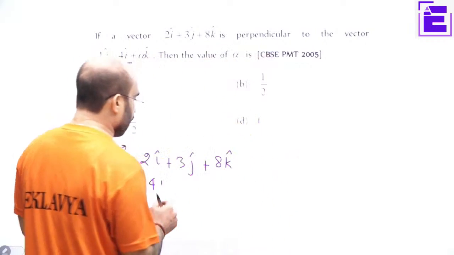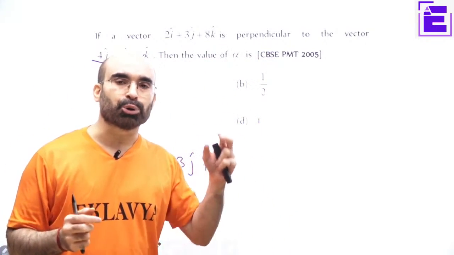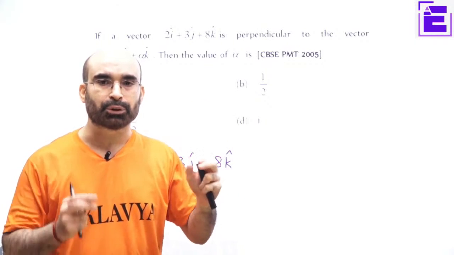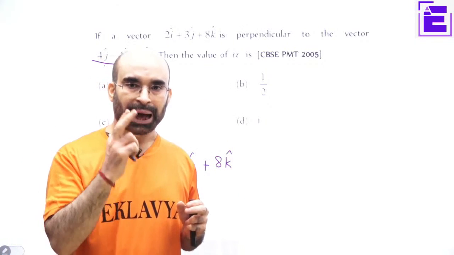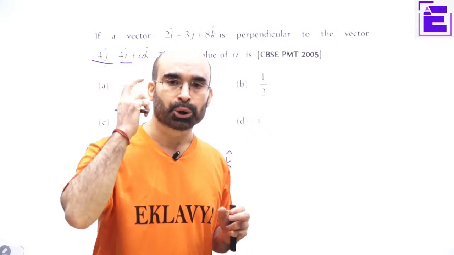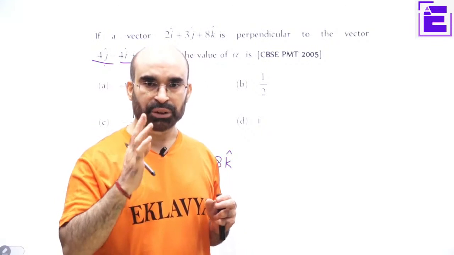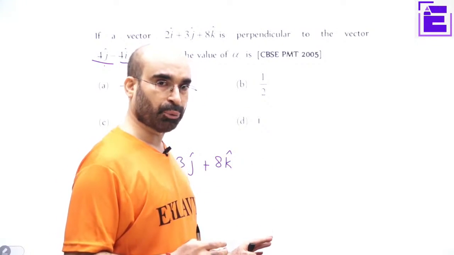But anyway, we need to understand how to find out the angle between two vectors. How to find out the angle between two given vectors, that we are going to do right now.